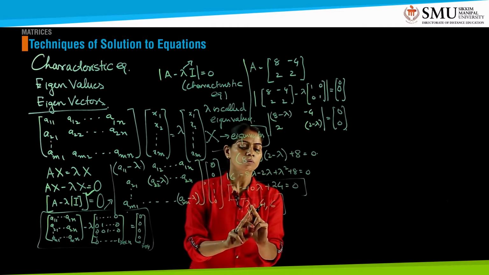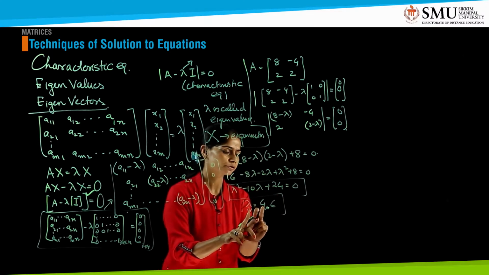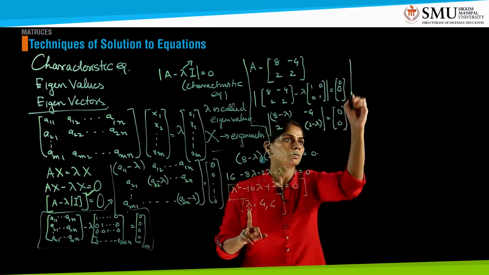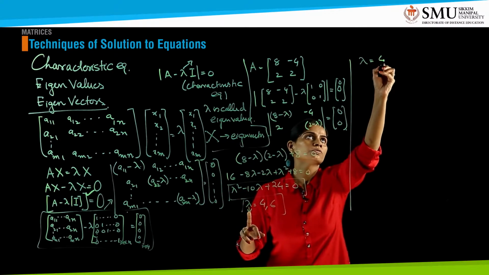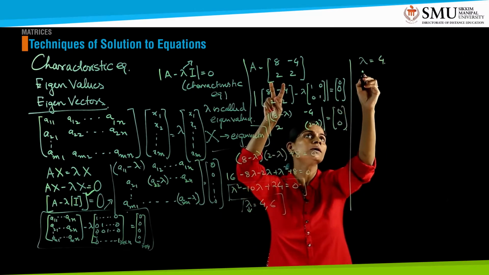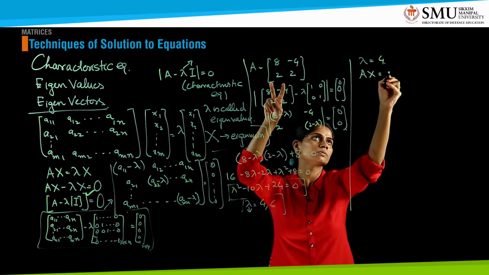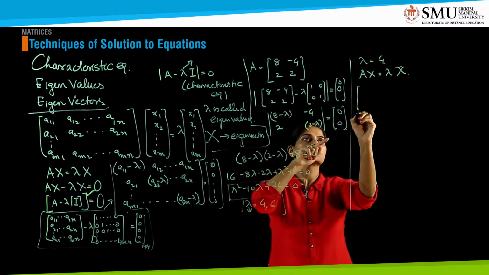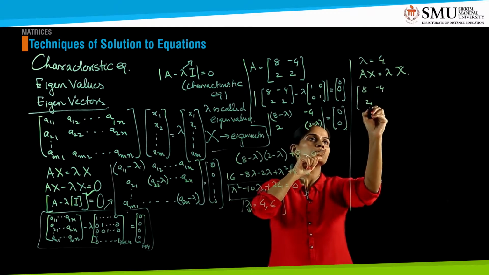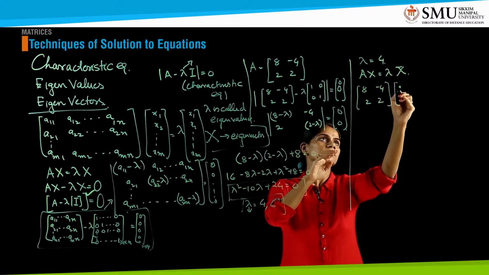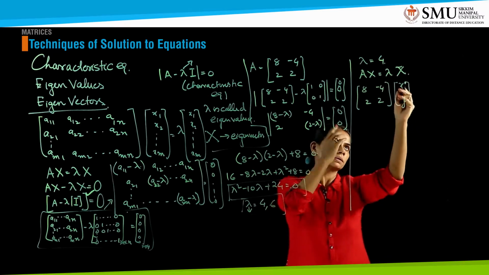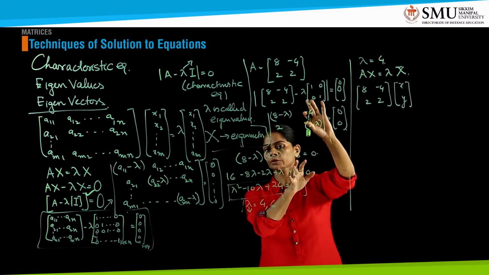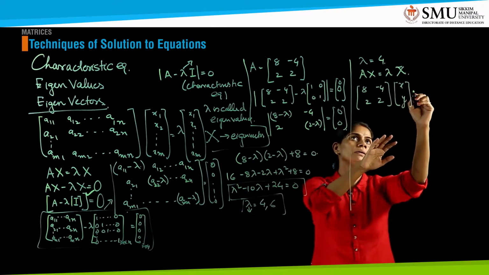Now let us find the eigenvector when lambda is equal to 4 and the eigenvector when lambda is equal to 6. First consider lambda equal to 4. You have the equation Ax equals lambda x. Here A is the matrix 8, minus 4, 2, 2, and suppose x is the vector (x, y); it can be x1, x2, anything you want. So let it be xy.